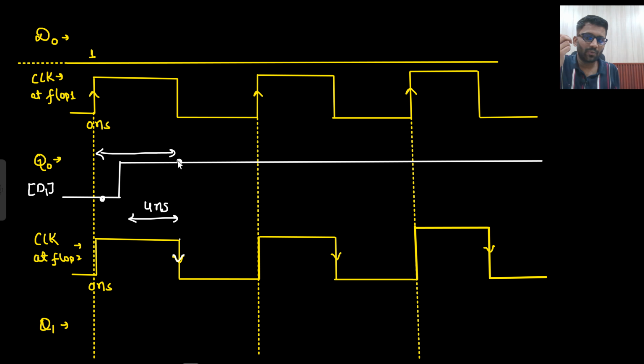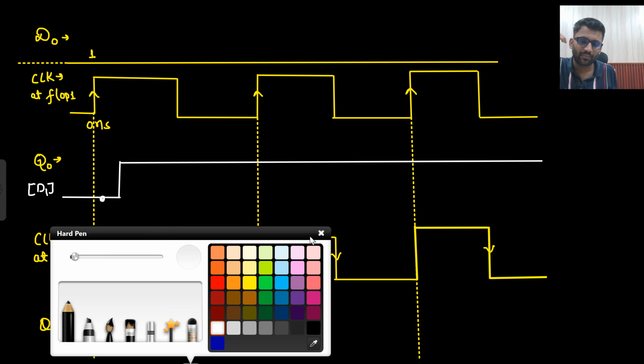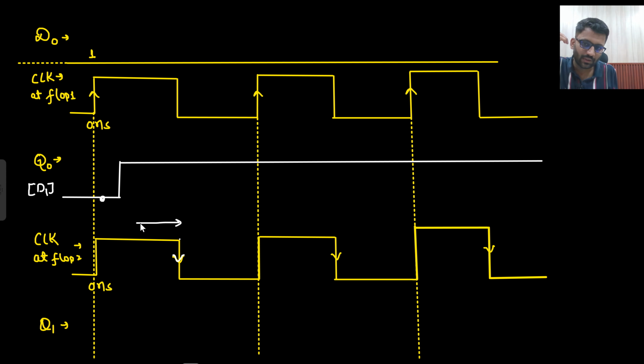So at negative edge my input was 1, here my input is 0. So this is the setup violation, and that condition I do not want. So I am going to tell that at least I need a margin of setup time here, which is equal to 5 nanosecond.